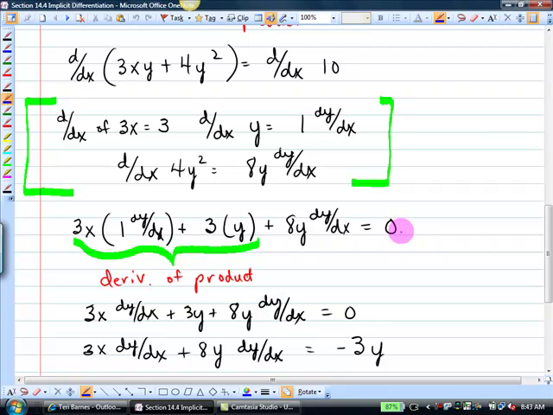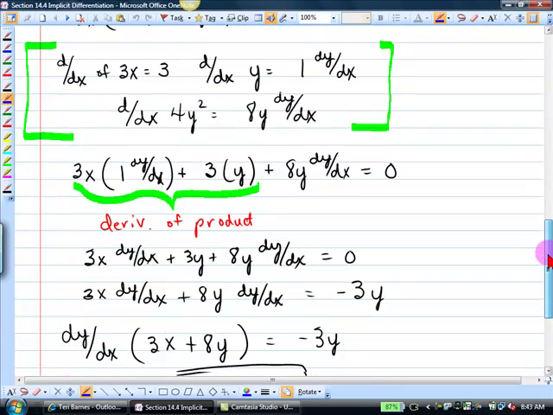Where did this 0 come from? The derivative of 10 was 0. Okay? Then that rule said, get all the dy dx's together, put everything else on the right. So I moved the 3y to this side. Okay?